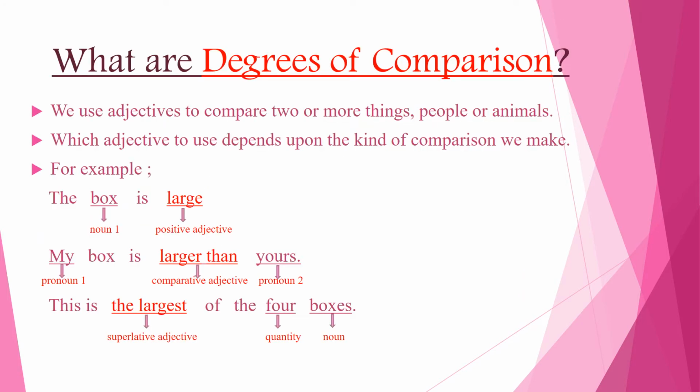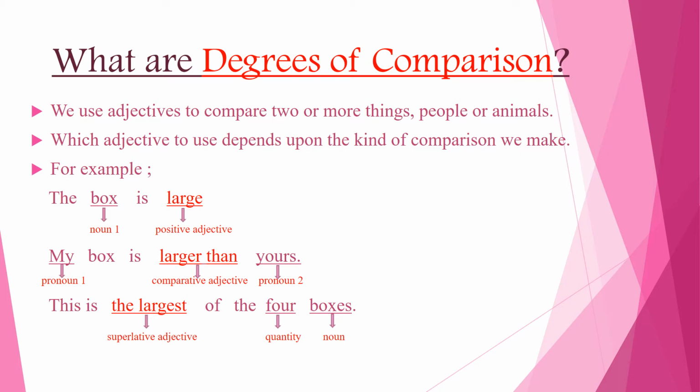After we have learned what are adjectives, we now move on to what are the degrees of comparison. The chapter is about degrees of comparison. We use adjectives to compare two or more things, people or animals.